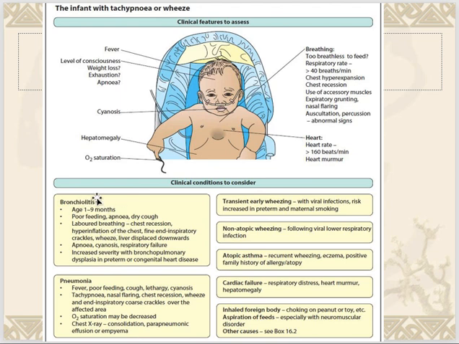So any patient who presents with bronchiolitis and you find his oxygen saturation is dropping, he has tachypnea, he has any comorbidity like lung disease or cardiac disease, or if the child is less than 6 months of age, just admit them.